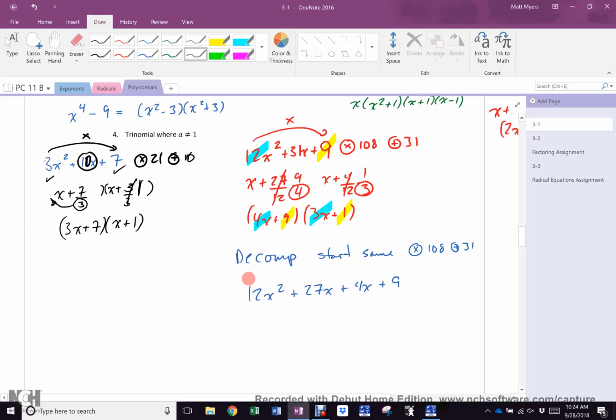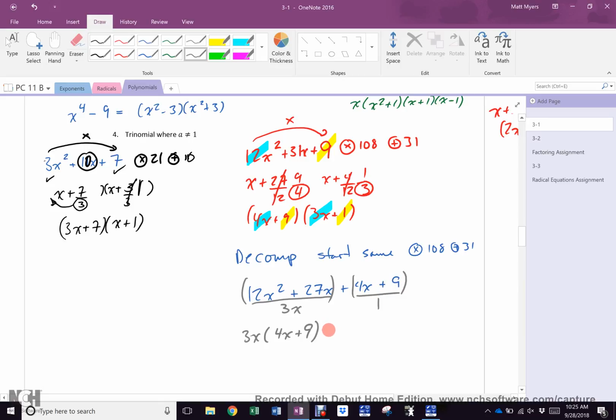Then you group these. You factor that. What comes out of 12 and 27? 3x, right? So 3x comes out front, and I'm left with 4x plus 9, yes? Anything comes out of here? Yeah. It's the factor that's common to everything.